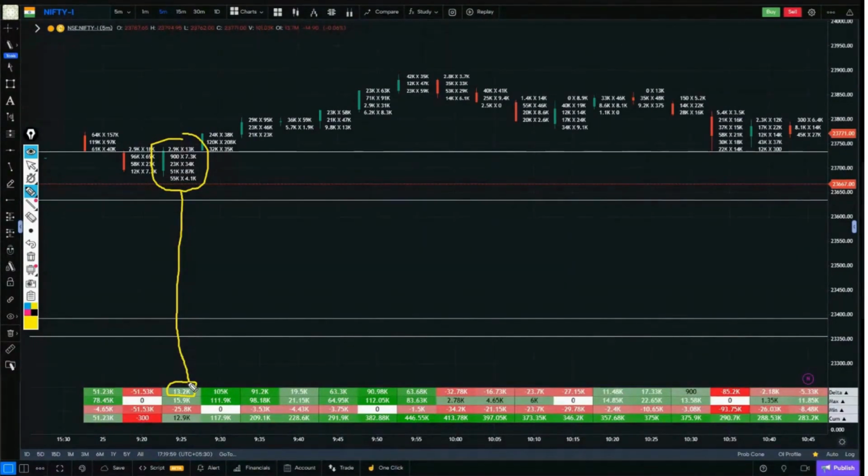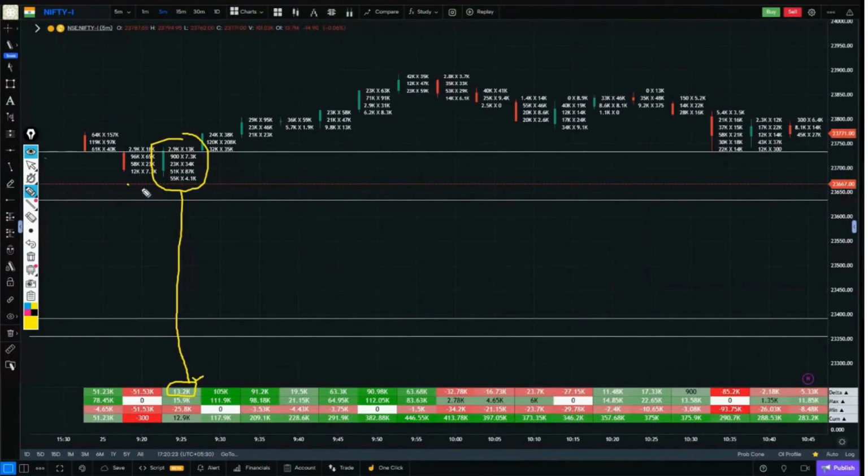So this is a positive delta. Positive delta always indicates buyers. Positive delta means buyers, so inside the third candle, there were 13,000 more buyers as compared to sellers. This positive delta told us.